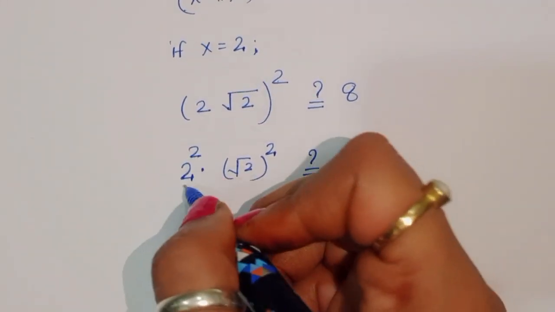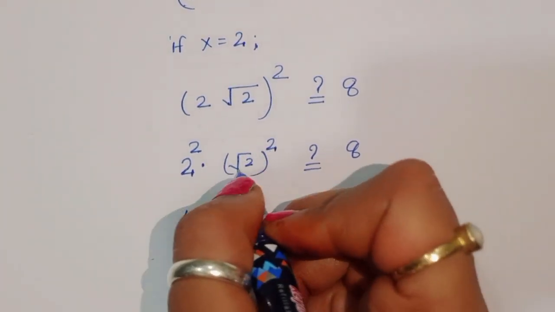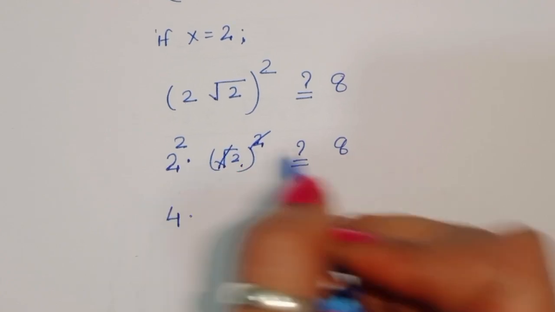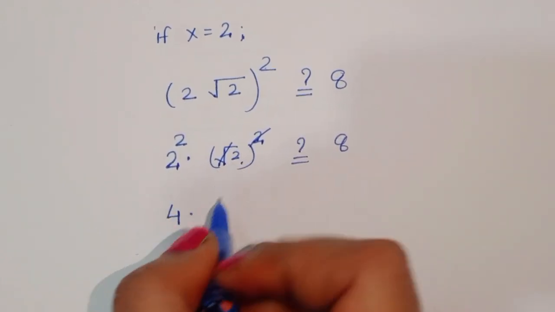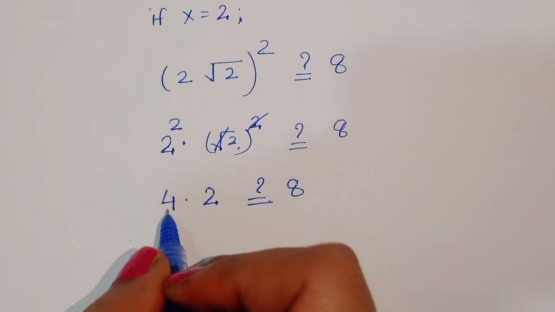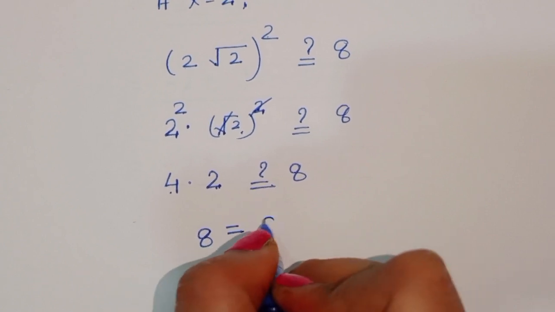Now 2 square is 4, times square root of 2 squared, so the square cancels with the square root, so 4 times 2 equal to 8? Now 4 twos are 8, so 8 is equal to 8.